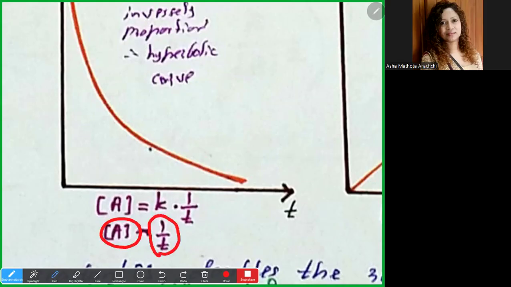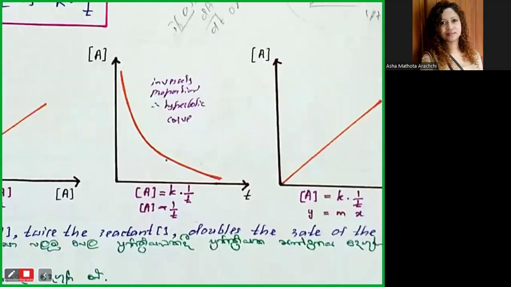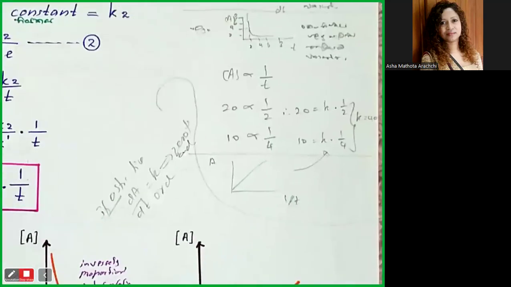So when concentration increases, less timing. Concentration decreases, more timing. So we know concentration increasing, then rate is high. Rate is high means time taken is less. That's why time is less when concentration is high. Clear?